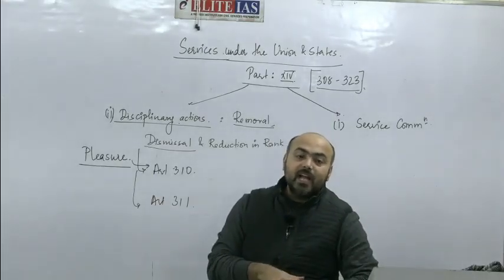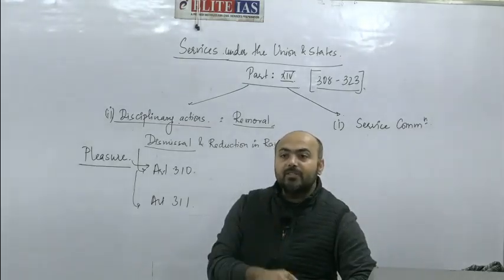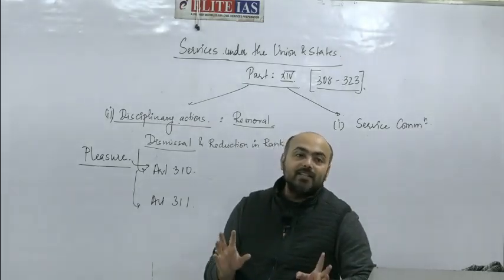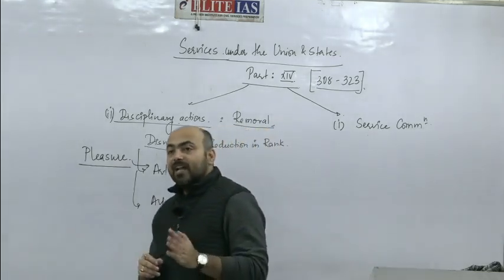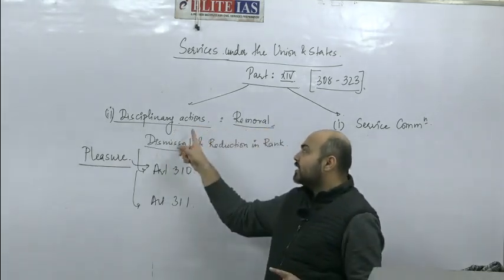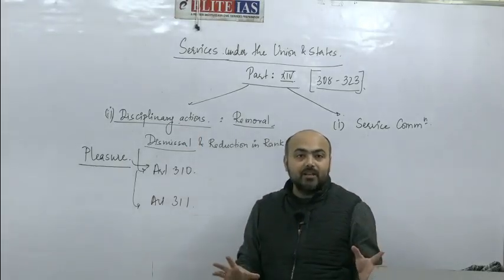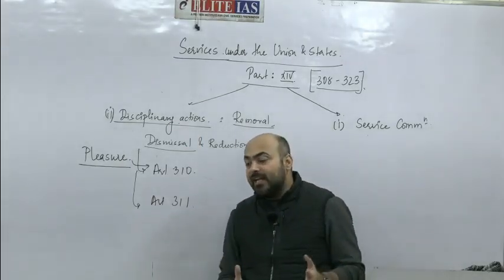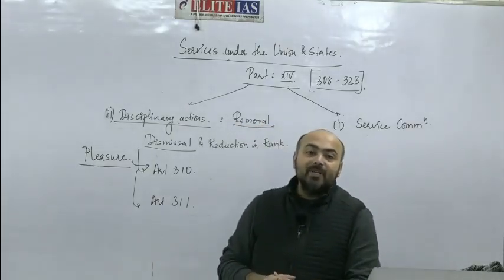Article 310 of the Constitution further mentions a right that a civil servant will have when he is under disciplinary action, when the disciplinary action is being taken against that particular civil servant. What is the right that has been mentioned?